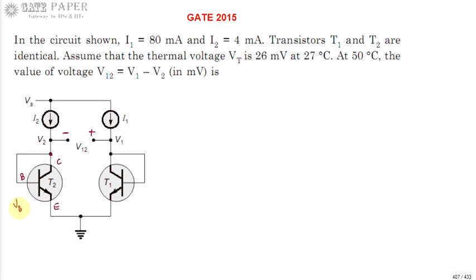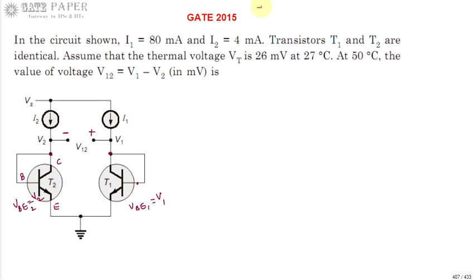So this is the base-emitter voltage of transistor T2, which is V2, and similarly the base-emitter voltage of transistor T1, which is V1, because base and collector are shorted. Base to emitter is VBE1 and collector to emitter is V1, so VBE1 is V1 and VBE2 is V2.